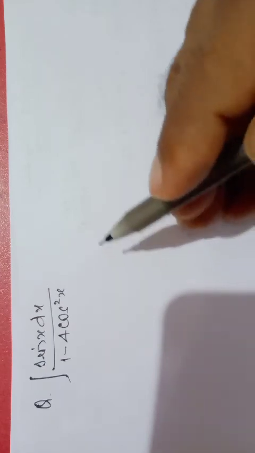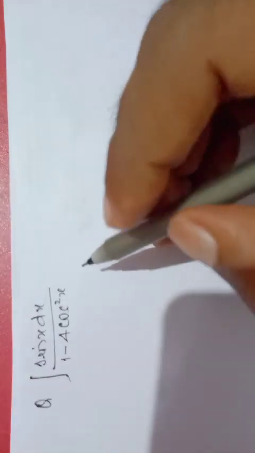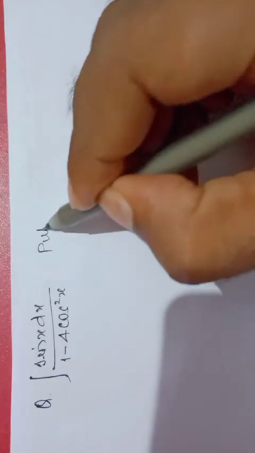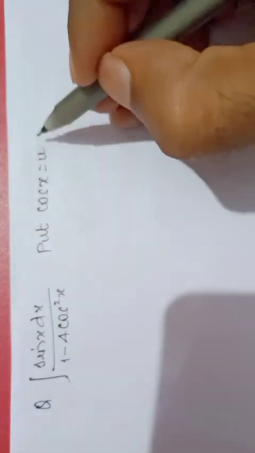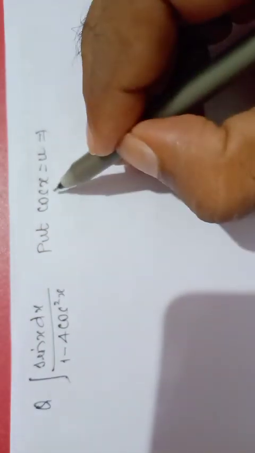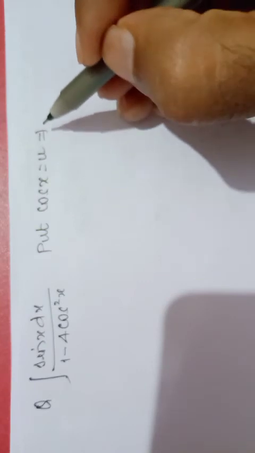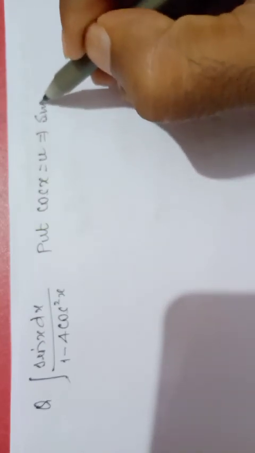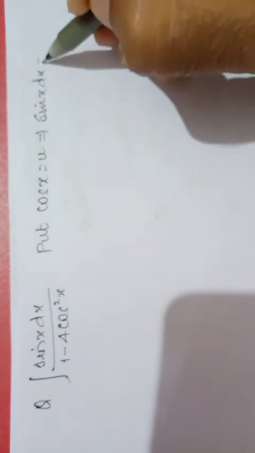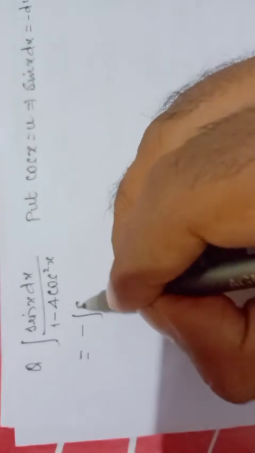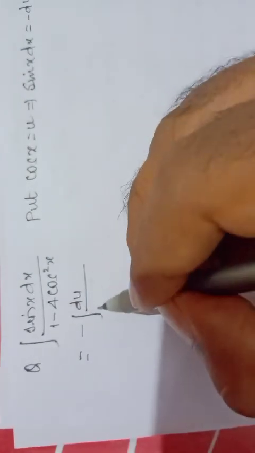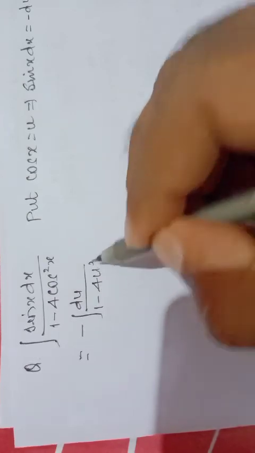In the very first step, apply substitution and put cos x equal to u. Differentiating it, sin x dx will be minus du. Now your integration is minus du upon 1 minus 4 u square.